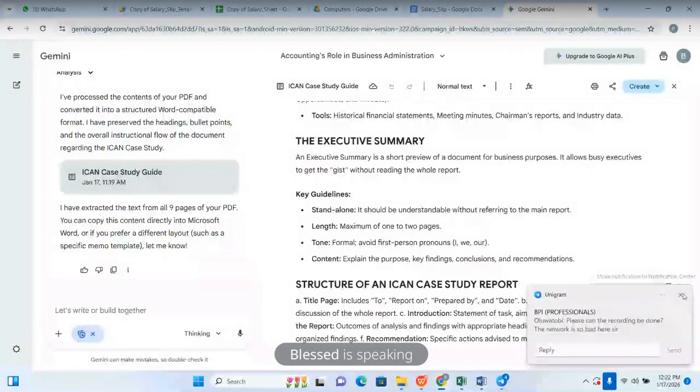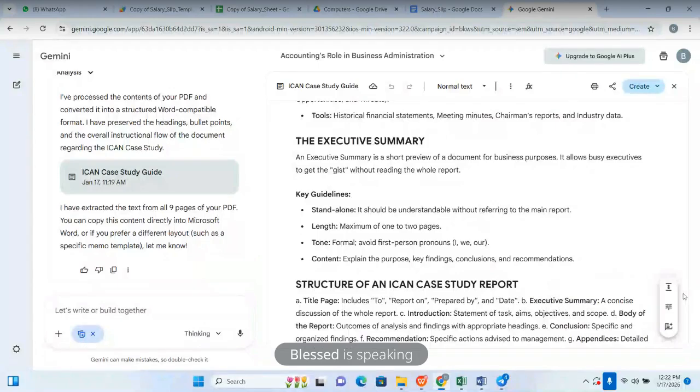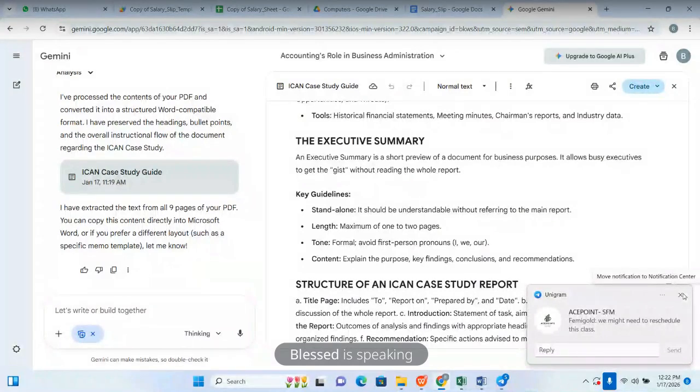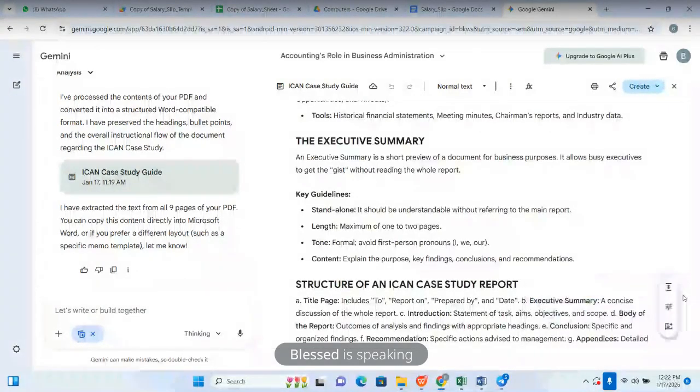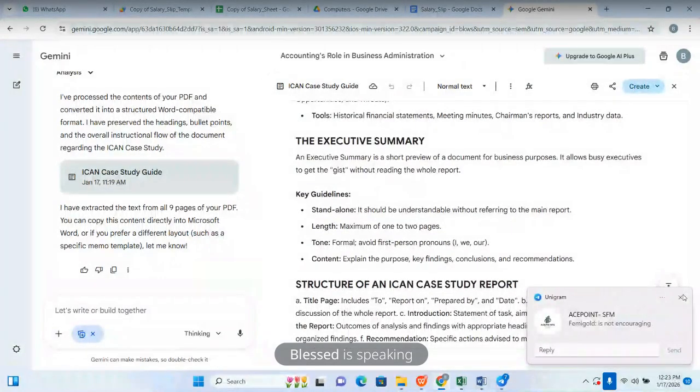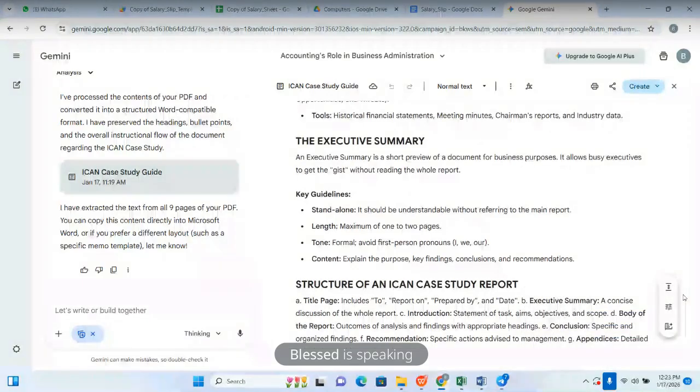They are looking for something they can take a glance at and understand the whole report. Even the examiner marking your script, on seeing your executive summary, will know this is a good student who understands what he or she is doing. So our executive summary must be understandable without referring to the main report.